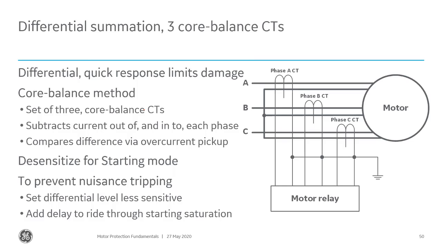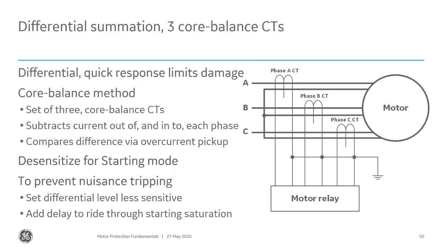The vector sum of that current flowing into the zone of protection and the current flowing out of the zone of protection should be zero. We have a fault, that's not zero, we should operate. So that's what differential is. The problem is we have these inherently imperfect devices of CTs that don't always provide us enough accuracy. And the real challenge we have is with CT saturation.